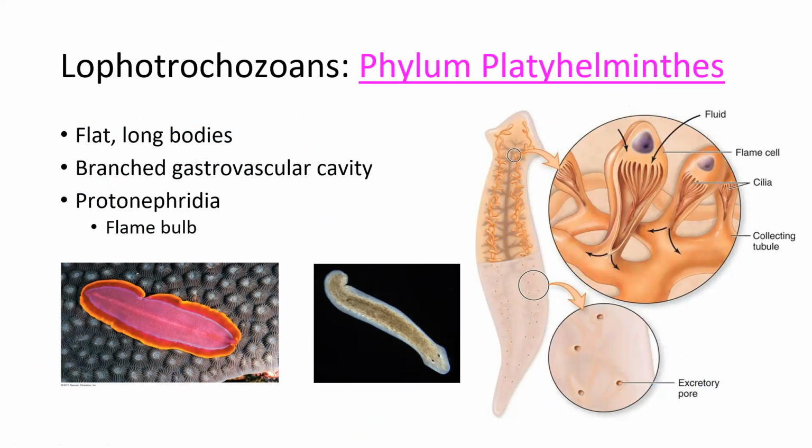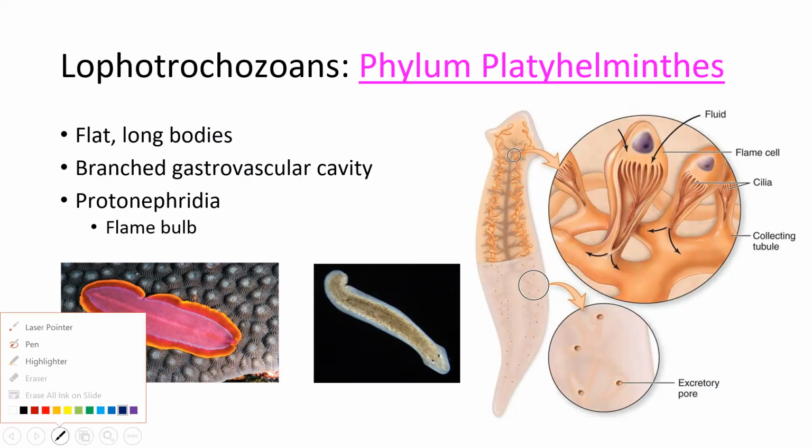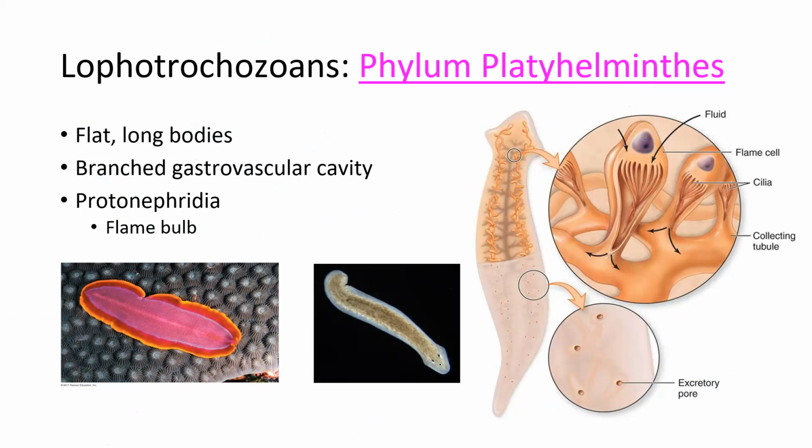They do have the beginnings of cephalization because again, they have those eye spots and there's a concentration of sensory gathering information at one end. So they have a distinct head.